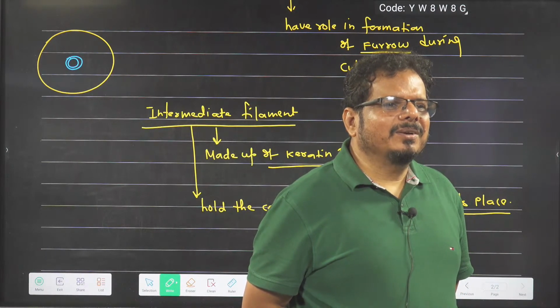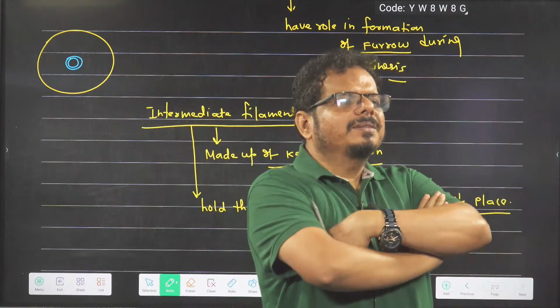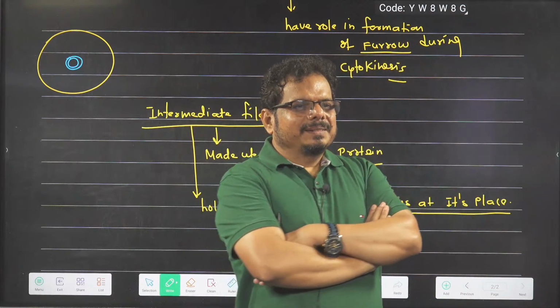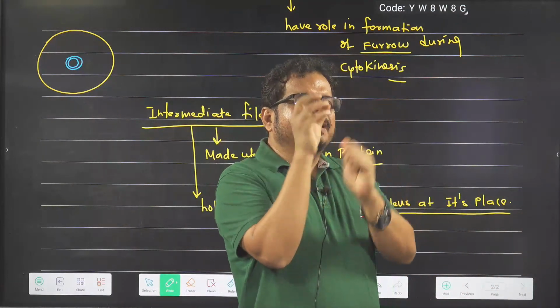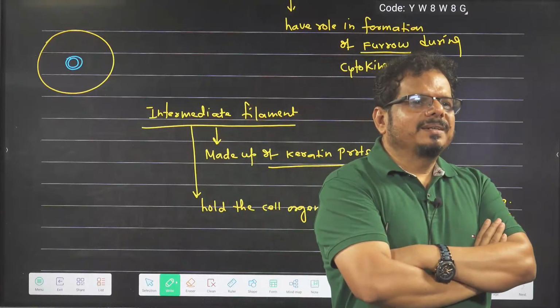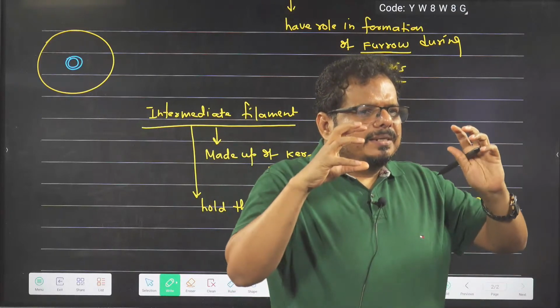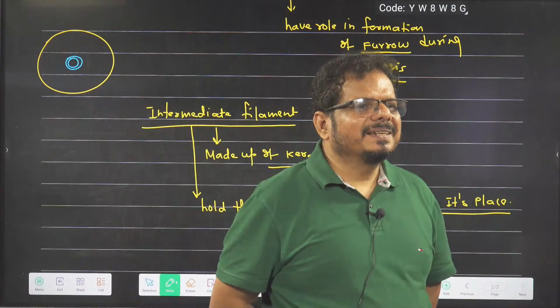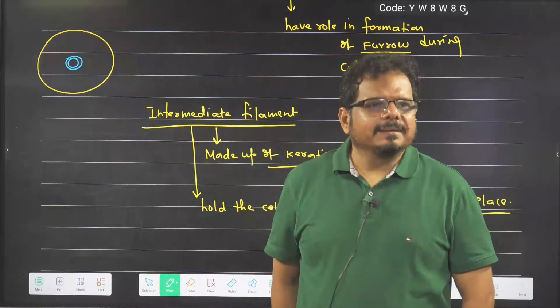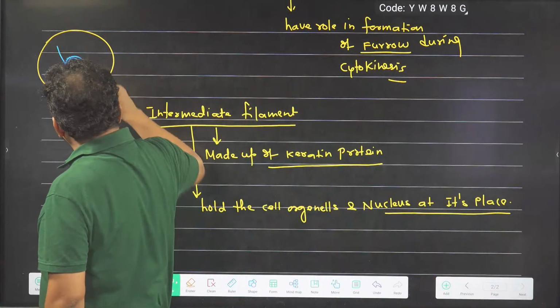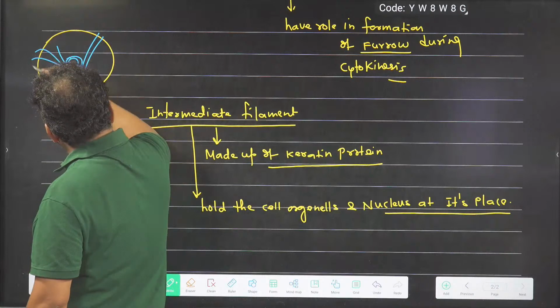Are you getting the idea or not? How will this ball be held? You think there is a big ball, and inside it a small ball. It is not in zero gravity, right? So who is holding them? Some intermediate filaments are holding them like this.